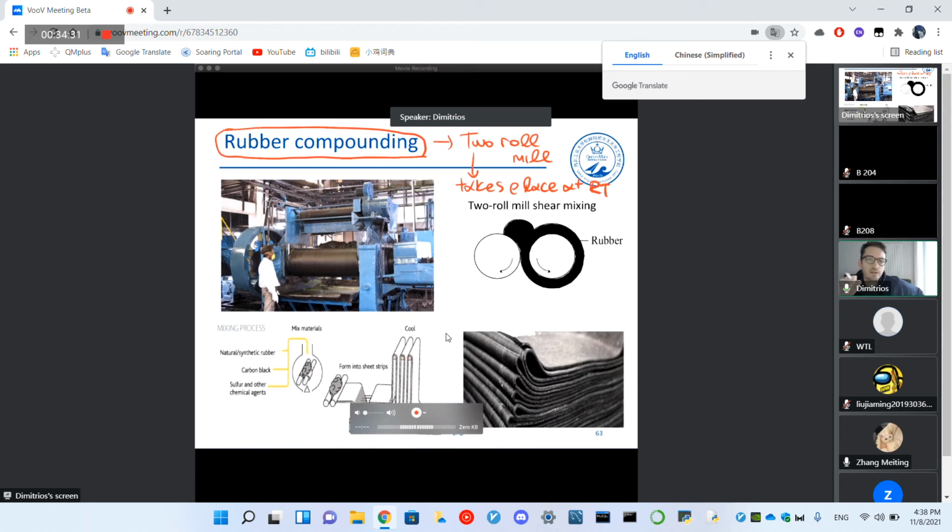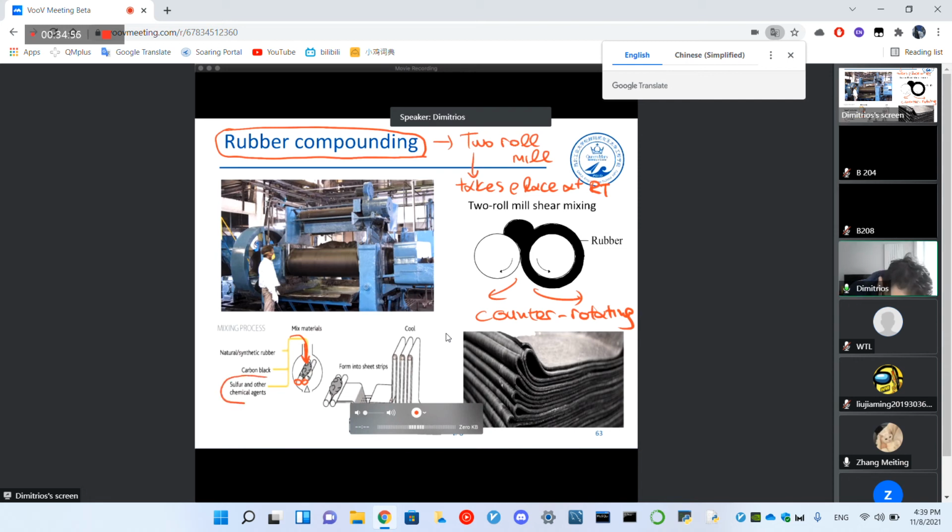Essentially, we feed our rubber between those rolls. Say here we have two rolls. The rolls are counter-rotating, okay, and we feed our rubber in there, and we also feed our rubber along with sulfur and other chemical agents.